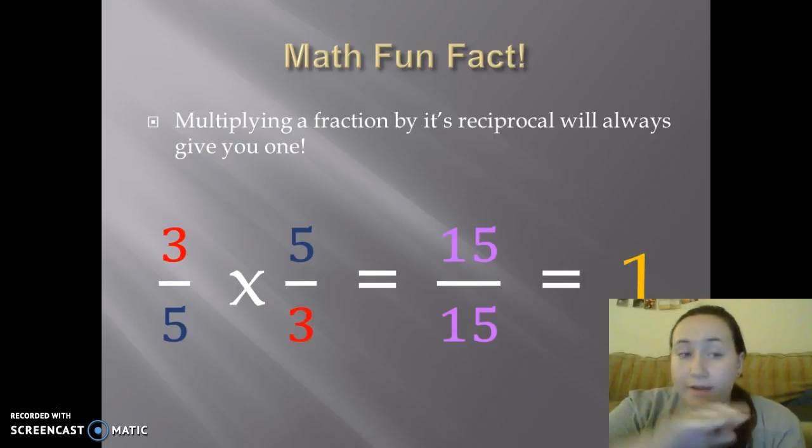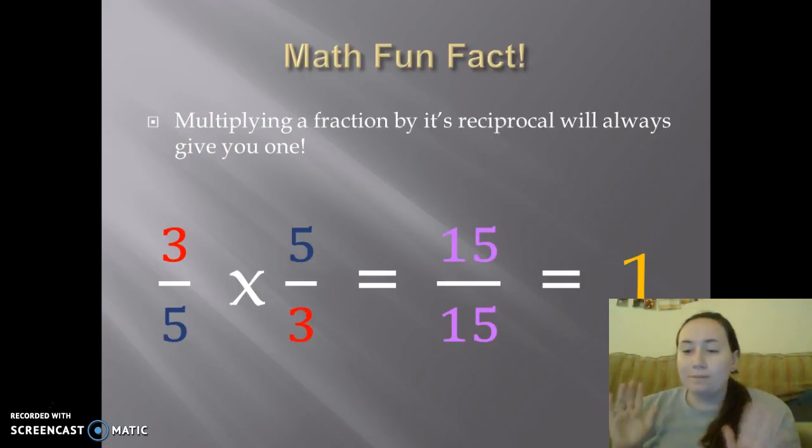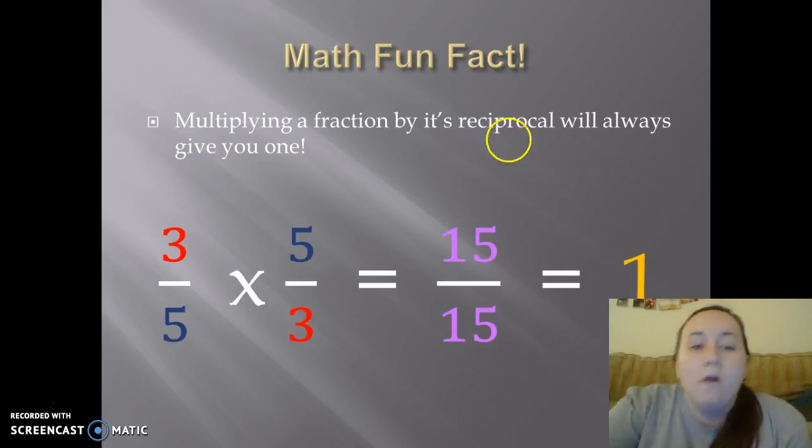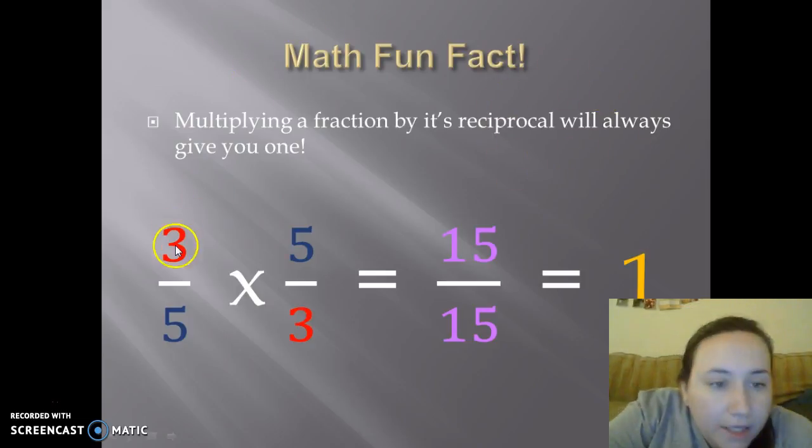Also, real fast, a math fun fact. Whenever you multiply a number by its reciprocal, the answer is always, always 1. For example, look at this 3/5.